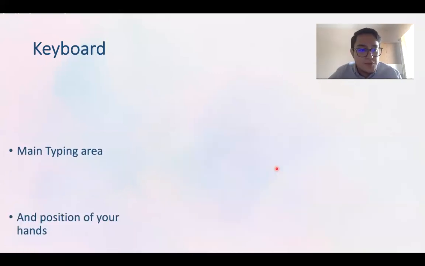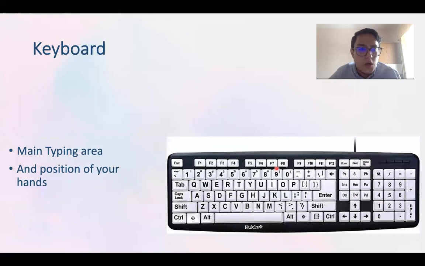All right, let's move on. So the main area is where you put your fingers, your left hand and your right hand. So this is my left hand and this is my right hand.